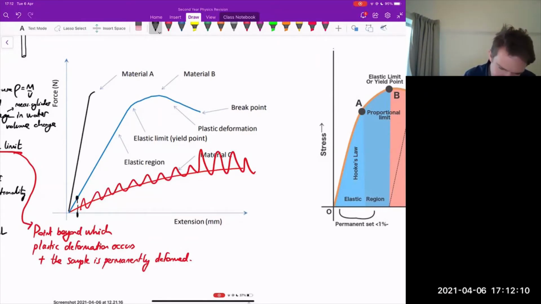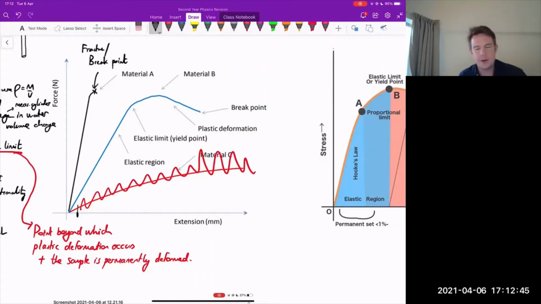For material B, you only need this amount of force, blue F, whereas to get the same extension, we need a larger force for material A. So it's definitely stiffer, and it is actually brittle as well because we can identify this point, which I could have labeled as the breaking point or fracture point, and that would be the point at which material A breaks, or snaps.